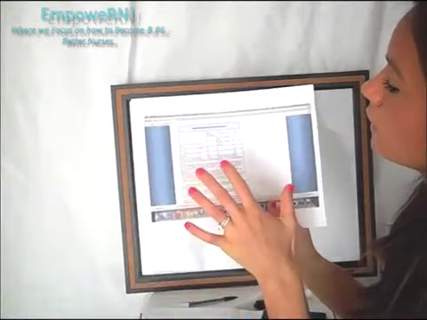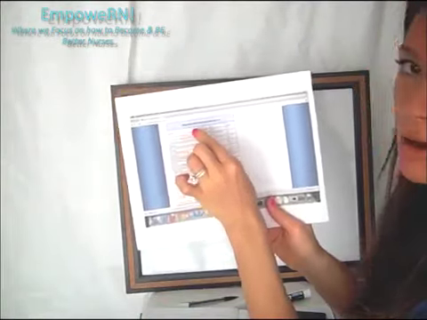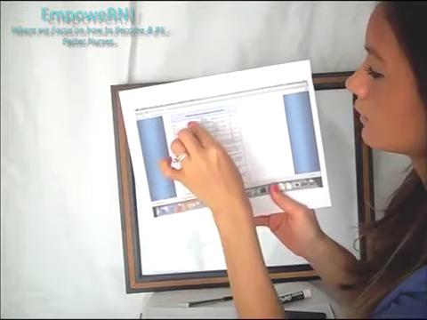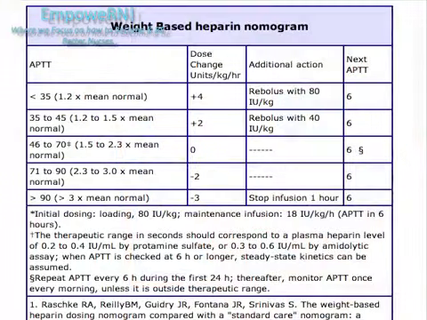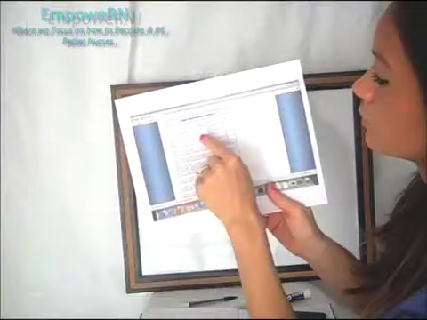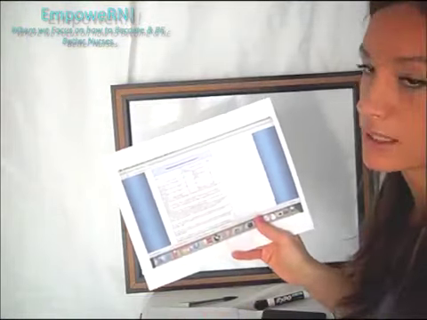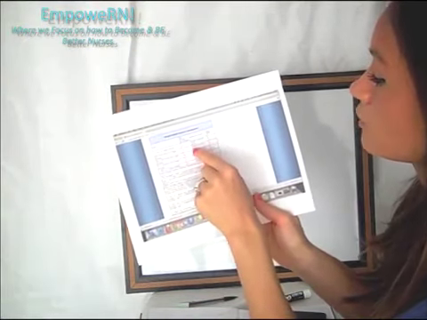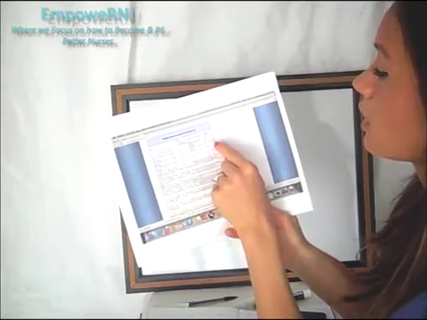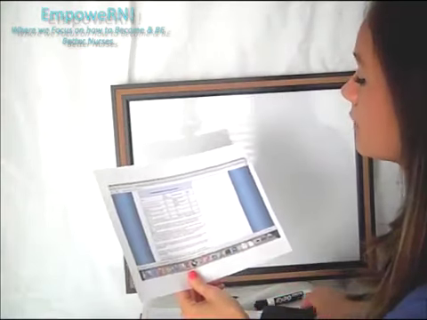So if you look at this right here, I put the link below, like I said, but it says weight-based heparin nomogram. And if you look here, since our PTT was 36, it says increase the rate by 2 units per kilogram per hour, which we just did. It also says rebolus with 40 international units per kilogram. So what we're going to do is, now this is a little bit simpler.